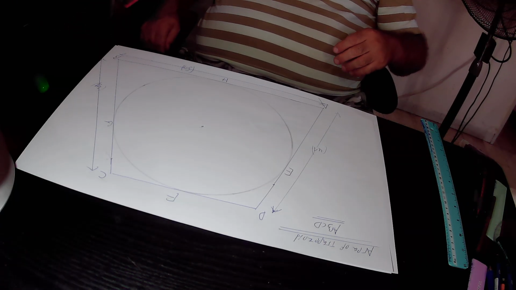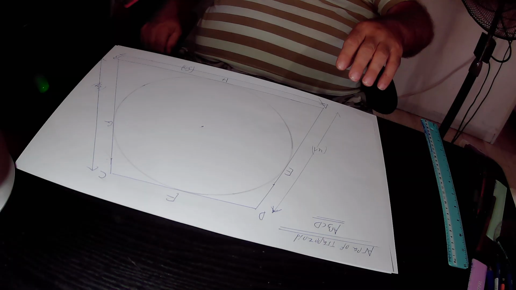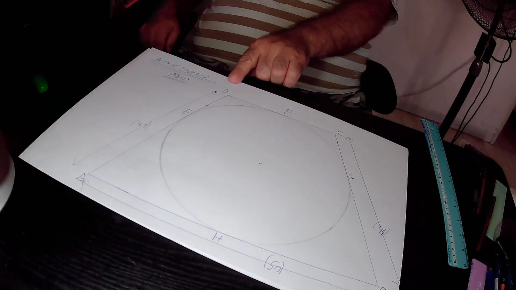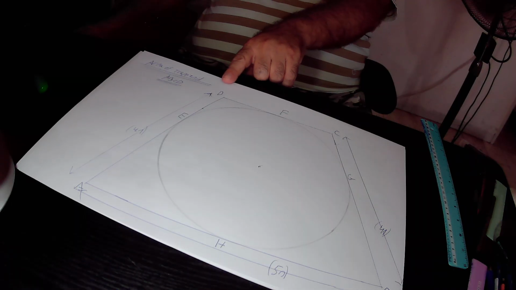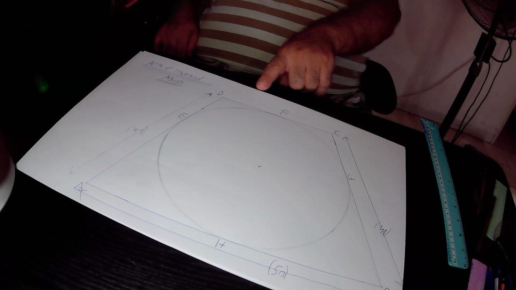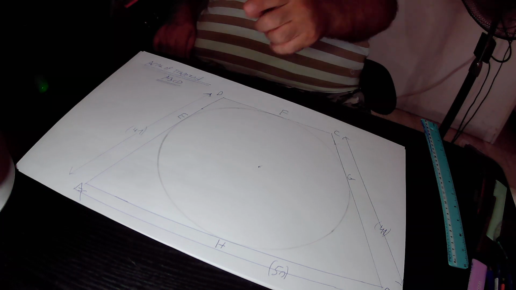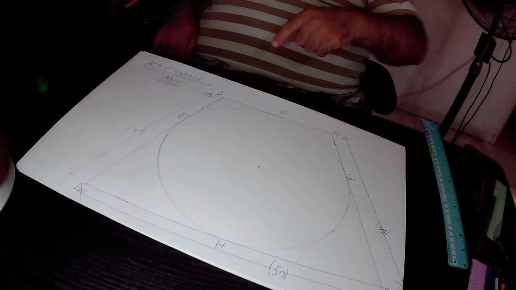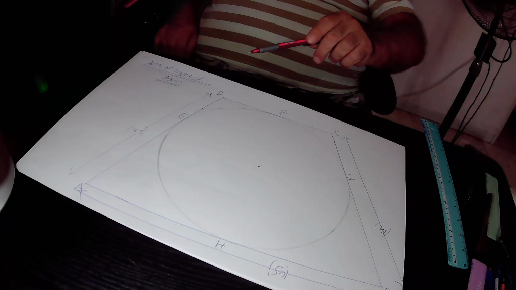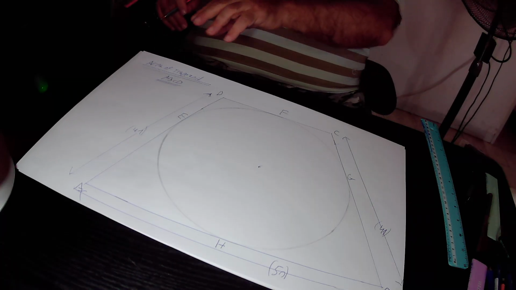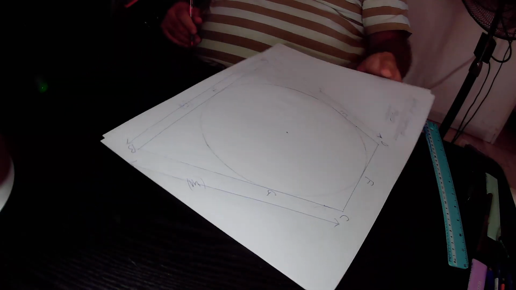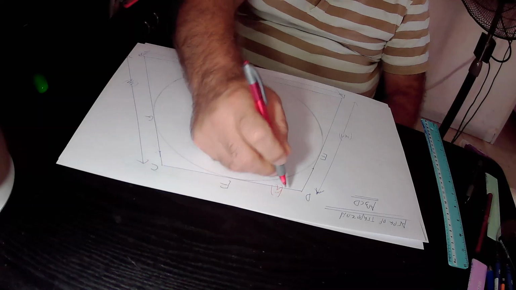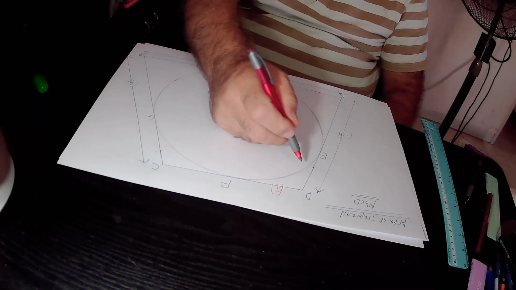Because in our drawing, we focus on this common start point, point D. From this common start point, point D, we have two tangents to this circle, tangent DF and tangent DE, and according to rule 2, they are equal to each other. That is to say, DF equals DE. So if we define the length of DF as a, then the length of tangent DE must also be equal to a.